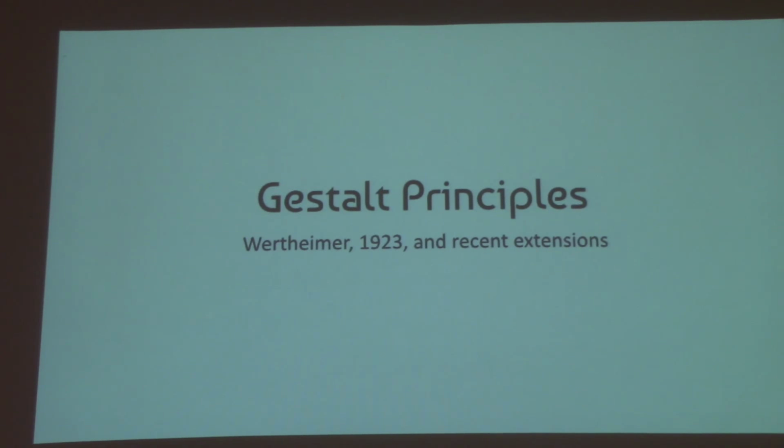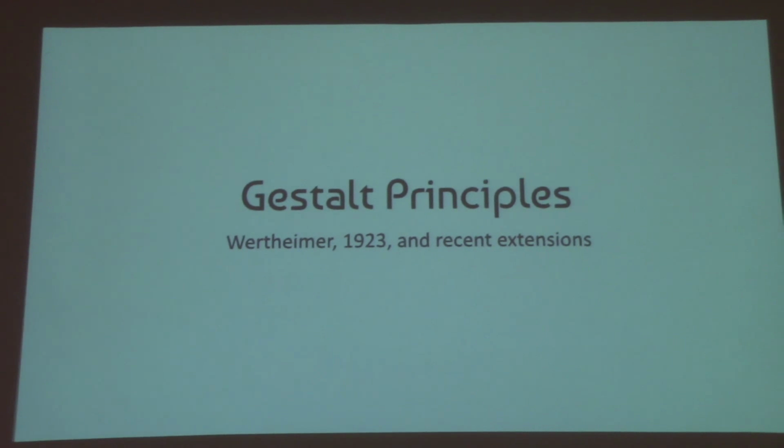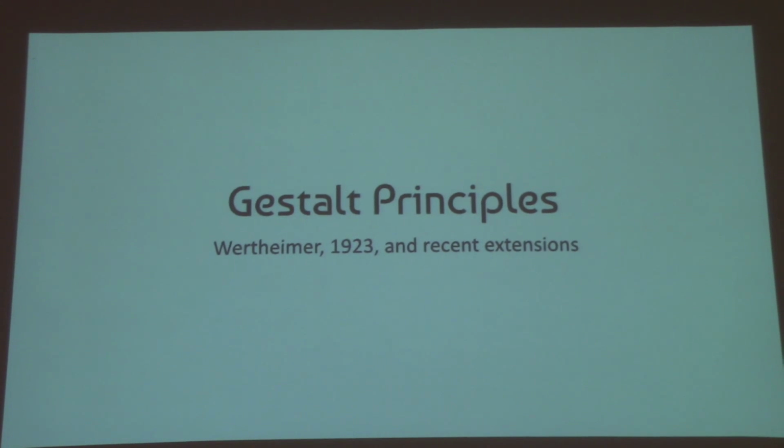Okay, so the last part of the perception lecture is on Gestalt Principles. Gestalt Principles are essentially observations on how we interpret real scenes, some concepts that are essentially in our minds about the world. They were developed by Wertheimer and the Vienna group of psychologists in 1923.